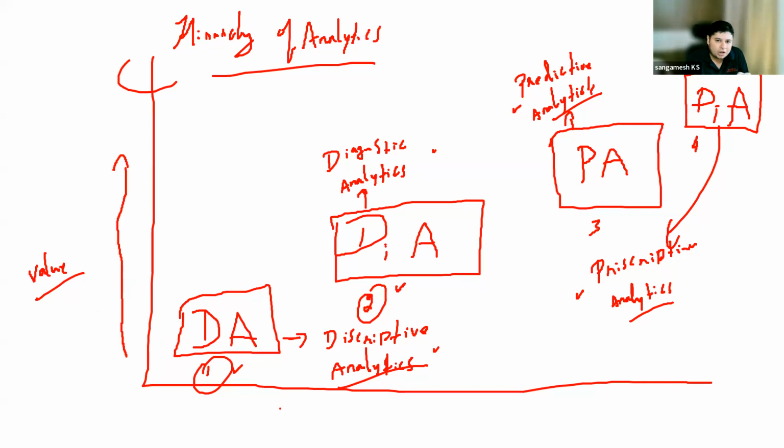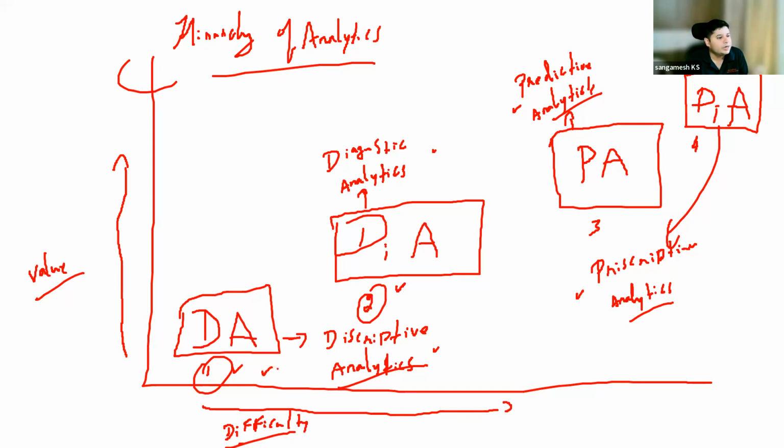And along with that, the bottom scale, this is your difficulty part. The difficulty will keep on rising as you go through the various types of analytics. Calculating descriptive analytics requires very few efforts.